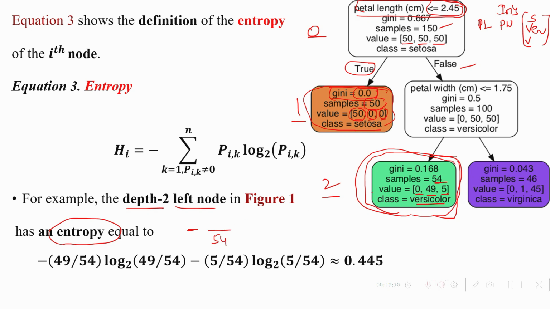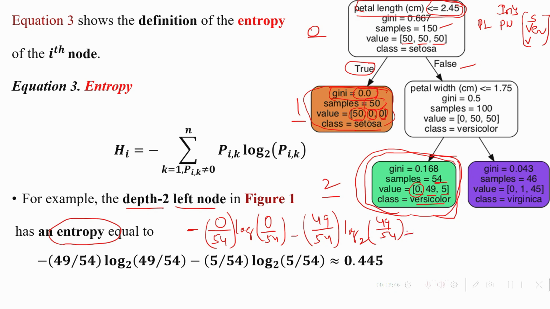Out of 54, 0 elements belong to setosa, that is minus 0 by 54 into log2 of 0 by 54, minus the next, 49 by 54 into log2 of 49 by 54, minus 5 by 54 into log2 of 5 by 54.